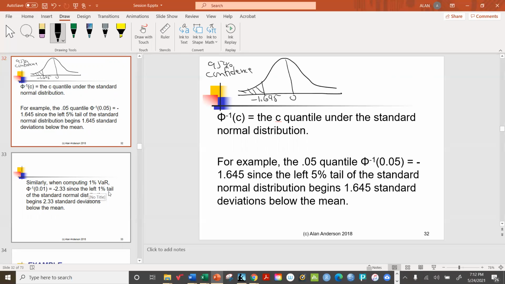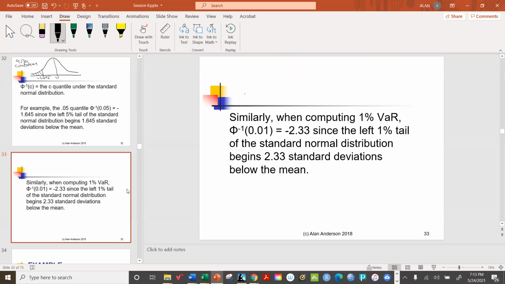But if we want to be even more confident in our results, we can go all the way up to 99%, which you would do at a very, very conservative organization, like an insurance company. They might use 99 rather than 95 because they really don't want to run out of money. Imagine what a disaster that would be.